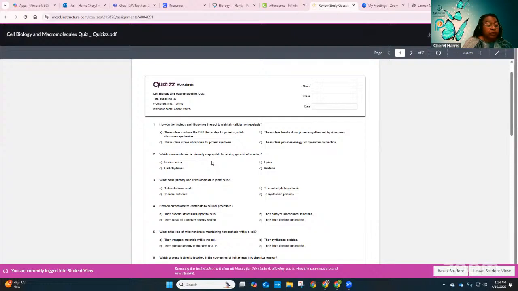We need active transport for them. You have a chart to refer back to for the study. Which of these is responsible for the genetic information? A, nucleic acids. So nucleic acids make up the DNA.